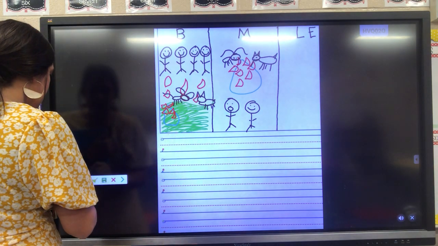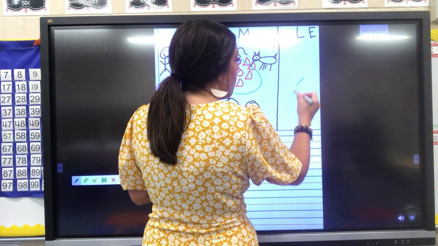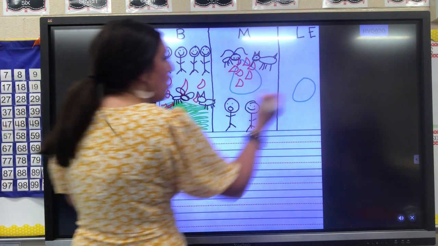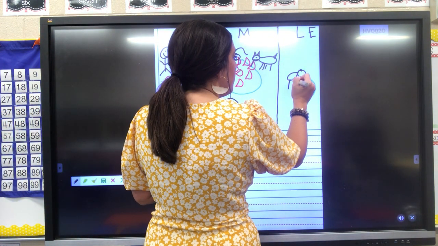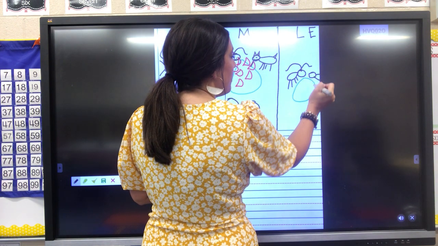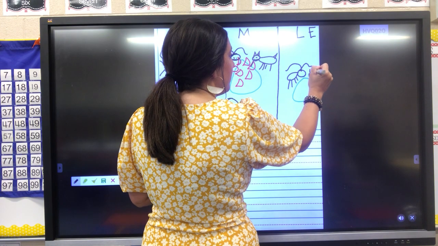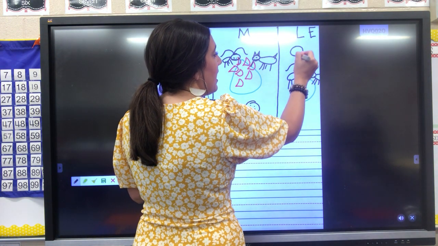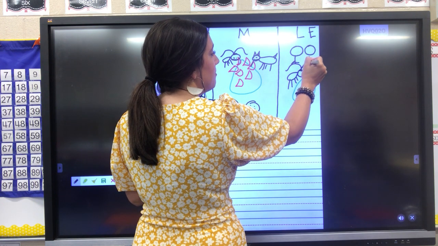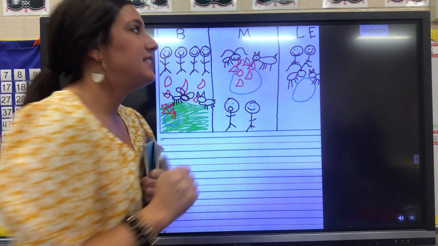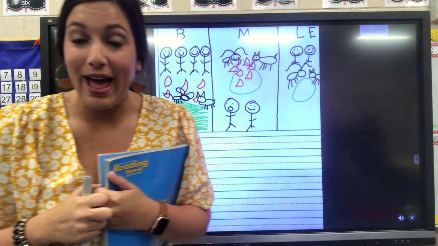Okay, again, I will draw the bag of leaves with Tip and Tam hiding inside. Oh, my kitty cat got cut off a little bit right there. That's okay. With our animals hiding inside, and I'm going to draw Tip and Tam's friends. And I'm going to draw them smiling this time because they found them in the bag.